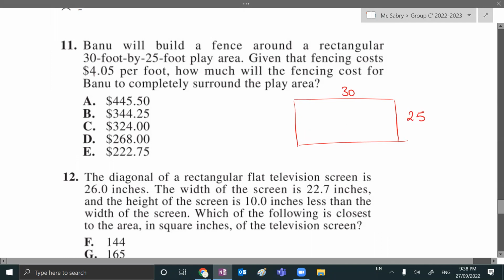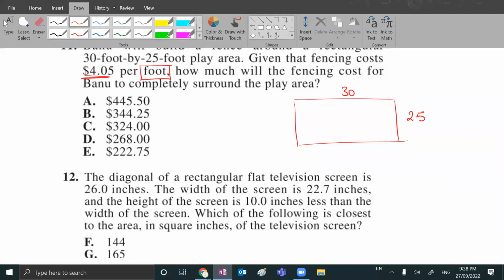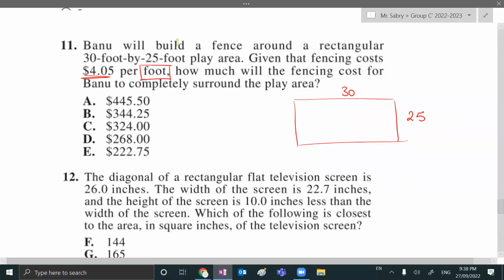Given that the fencing costs 4.05 per foot, how much will the fencing cost for Banu to completely surround the play area? So if I need to create a fence, this means that I'll have to go around the full place. That is exactly the definition of the perimeter. The perimeter is mainly the sum of all of those sides.